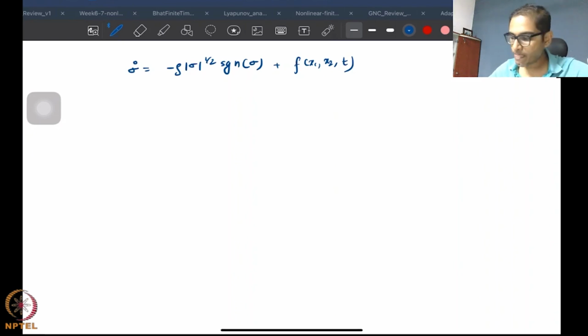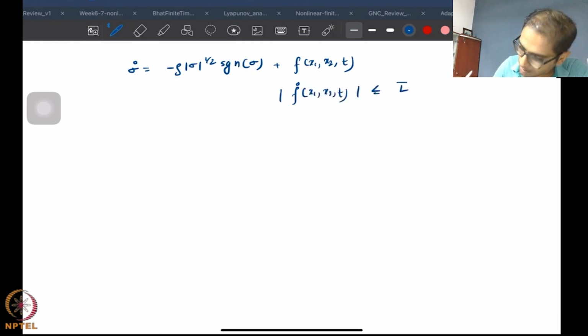So what do we do? We actually use the idea of an estimator. Of course we have the assumption that f dot is also less than or equal to some L bar.